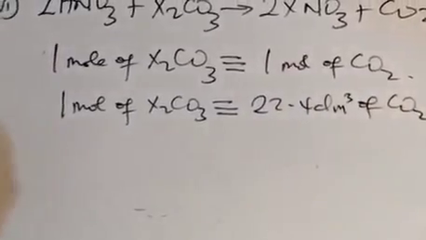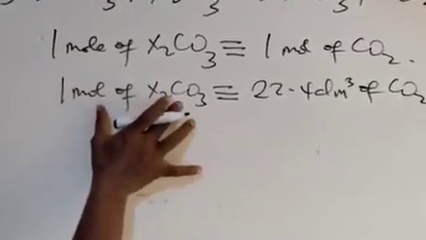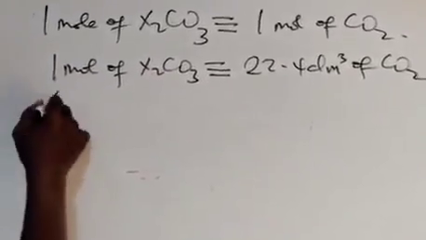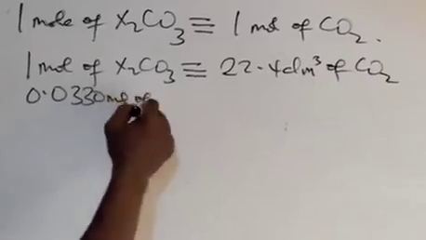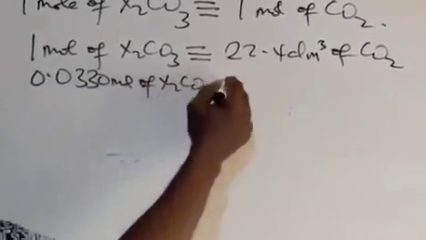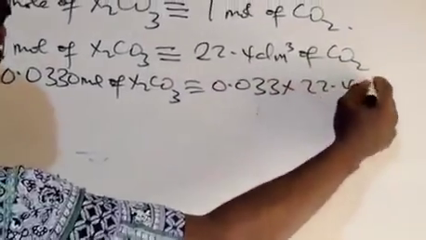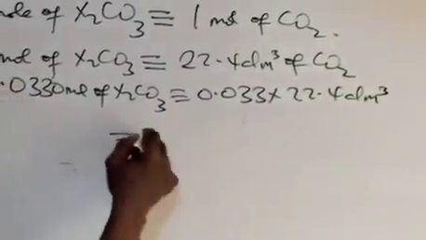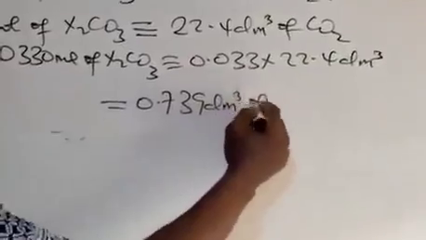Therefore, since in the reaction the number of moles of this carbonate is 0.033 mole, we liberate 0.033 times 22.4 dm cube, and that gives us 0.739 dm cube of CO2 liberated at STP.